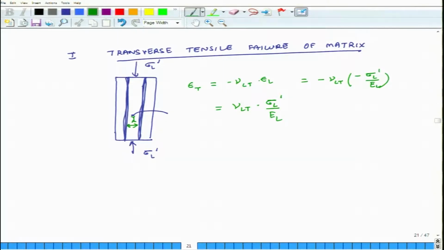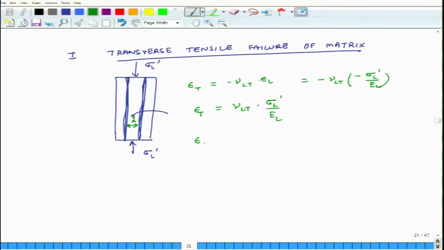Okay. Now, as I keep on increasing my load, sigma L prime will keep on increasing, and as a consequence epsilon T will also keep on increasing till it reaches a failure point. So, if the matrix gets stressed beyond a certain limit, it will crack, and when it cracks, what is the strain in it?